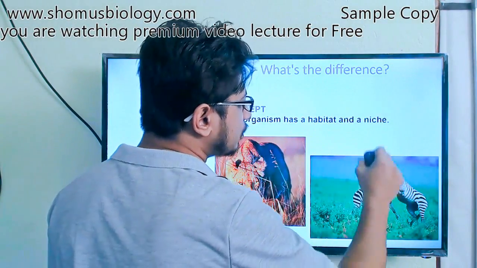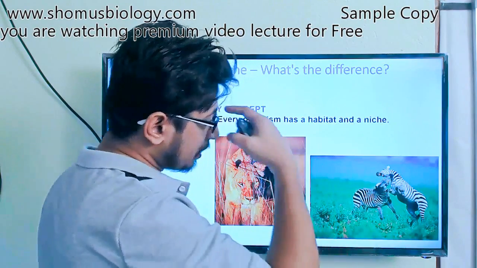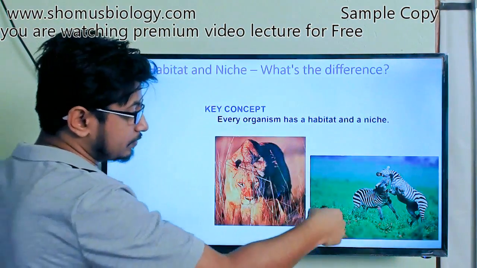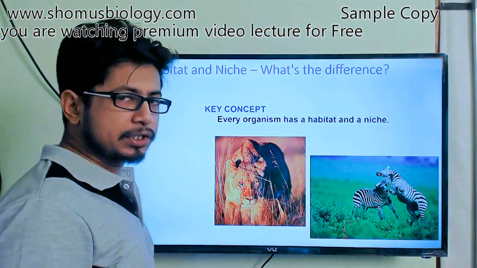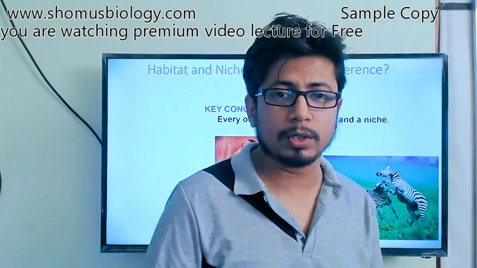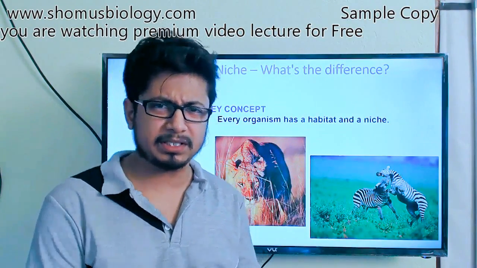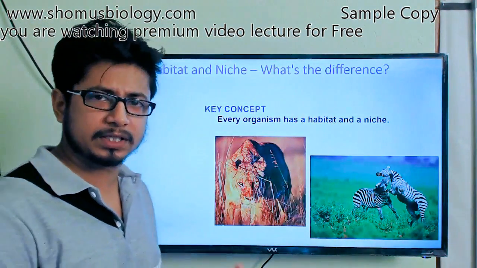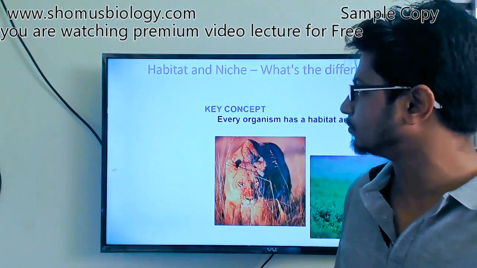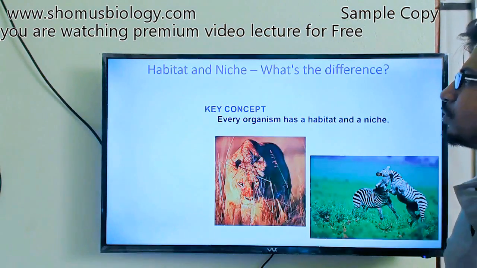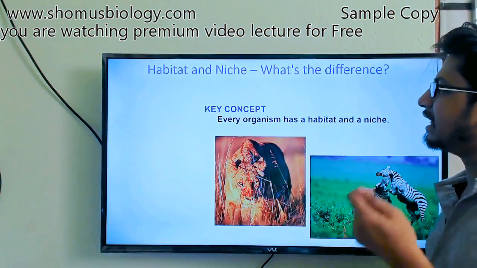Even members of the same species can interact and compete with themselves, known as intra-specific competition. And when the competition is between members of different species, it is known as inter-specific competition. But competition is just one type of such interaction, and we will see many more soon. So the question is, what is habitat and what is a niche?